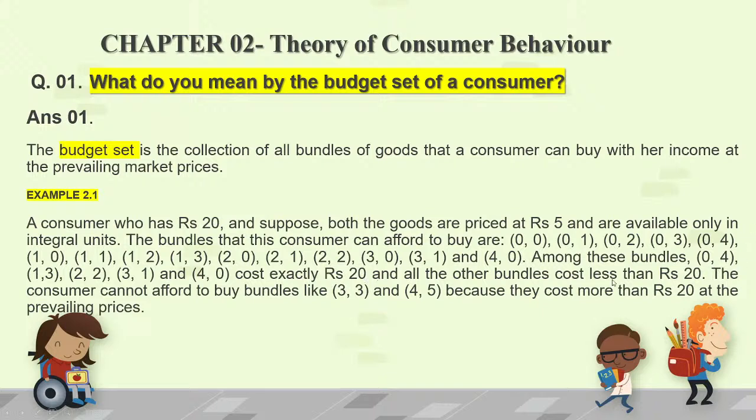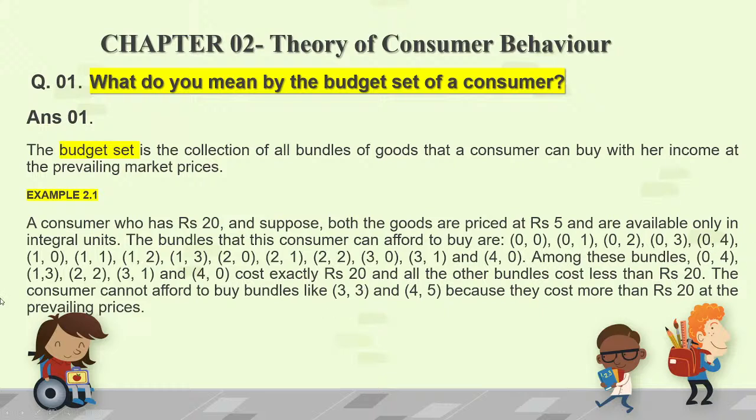For example, if we pick one set where the consumer is buying 0 units of the first good and 4 units of the second good, since the price given is rupees 5, each good is going to cost rupees 5 to the consumer. So 4 into 5 is 20, meaning the entire income of rupees 20 is being spent here.